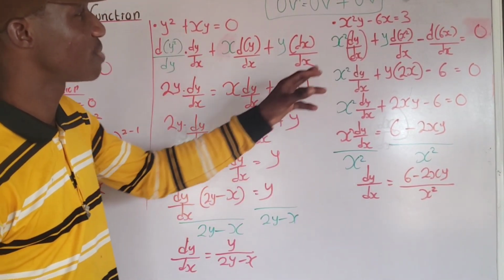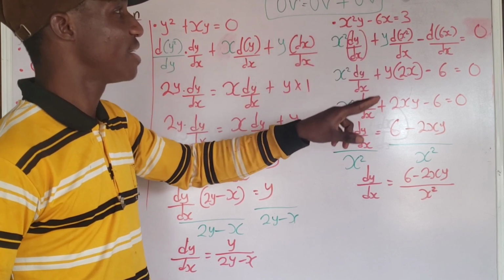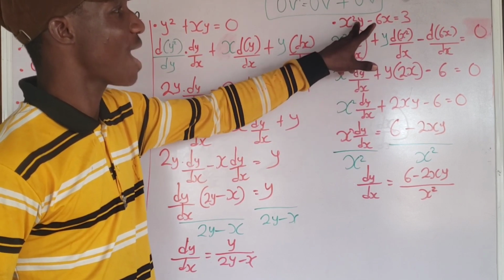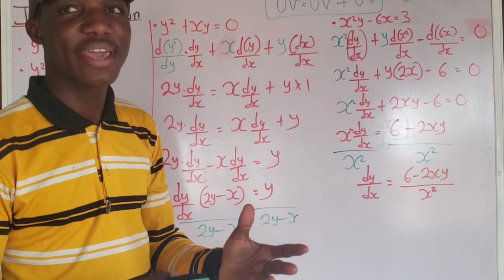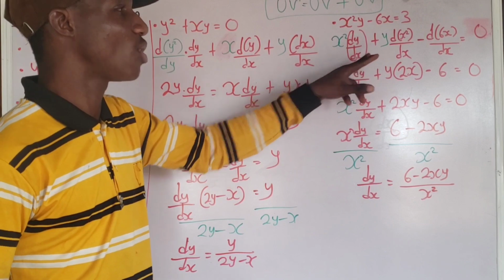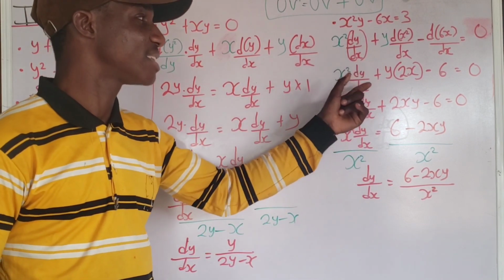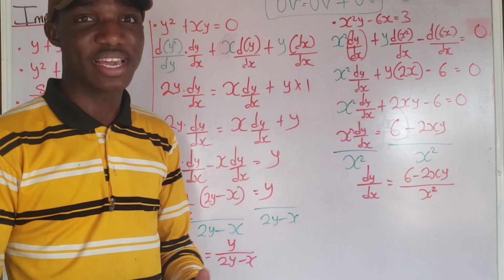Now, you might want to ask me this question, why don't I add dy dx when I differentiate this y? You see, when I differentiate y, y doesn't have any power, you understand? So it already gave me dy dx. That's why I didn't multiply it by dy dx, you understand what I'm saying?